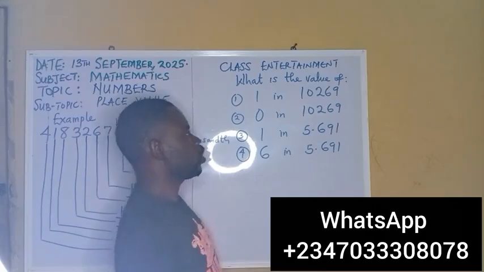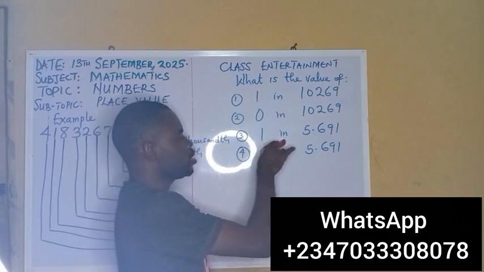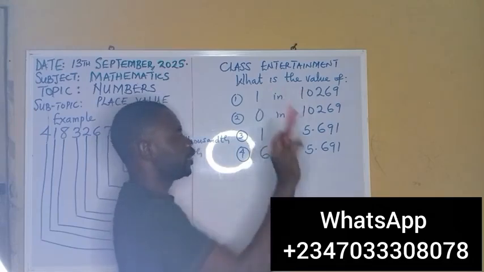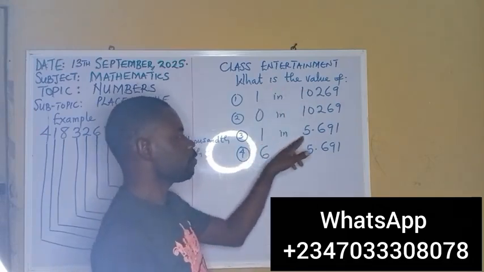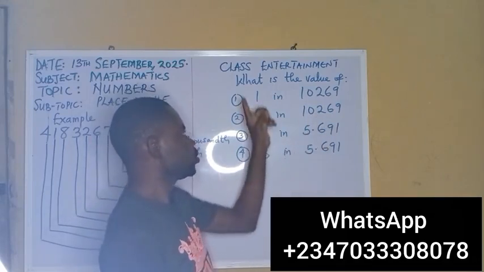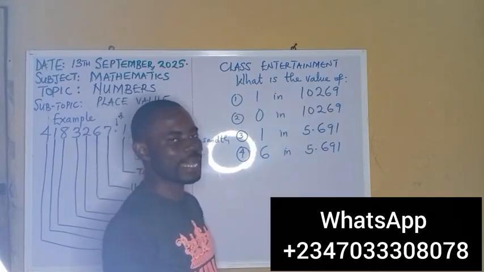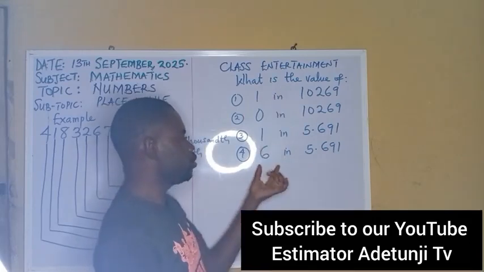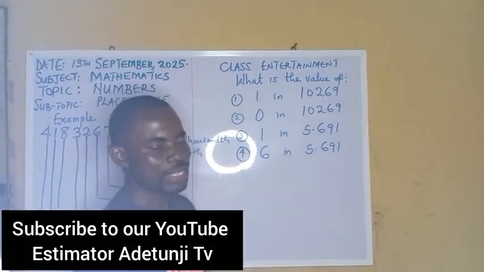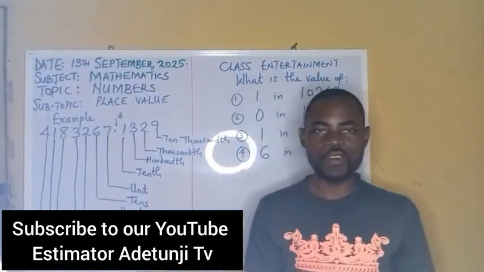Question number 3 says, what is the value of 1 in 5.691? And lastly, for today, what is the value of 6 in 5.691? This is the end of today's class, and I'll be waiting for your answers in the comment box.